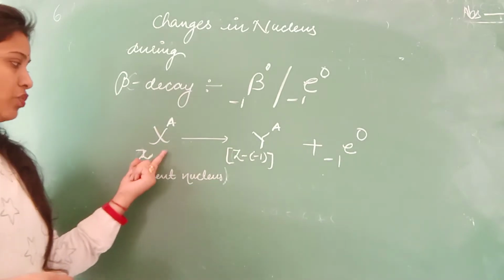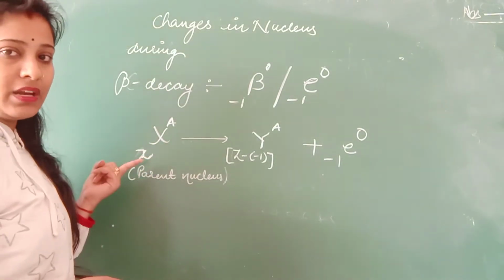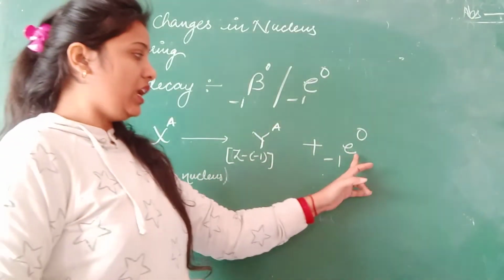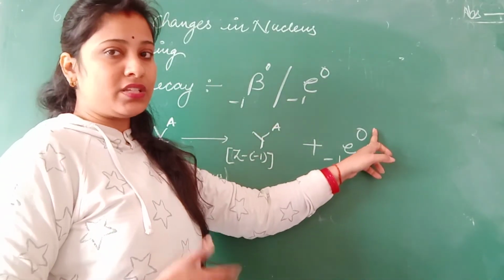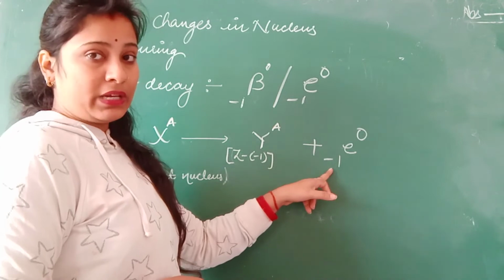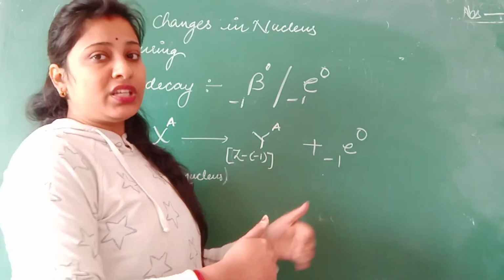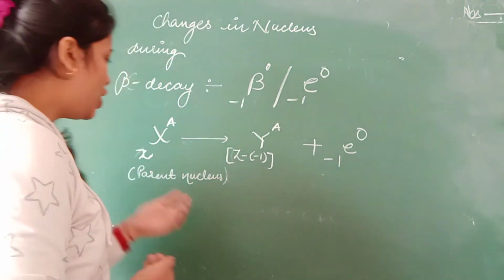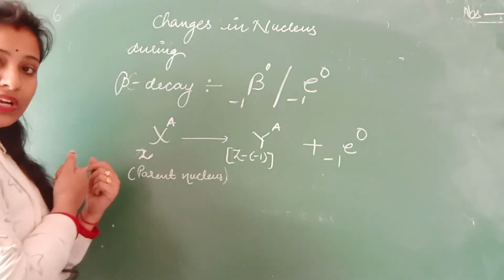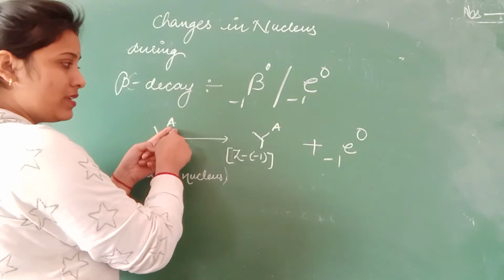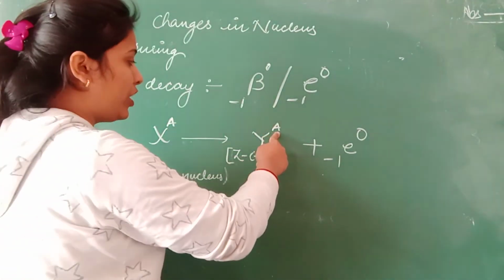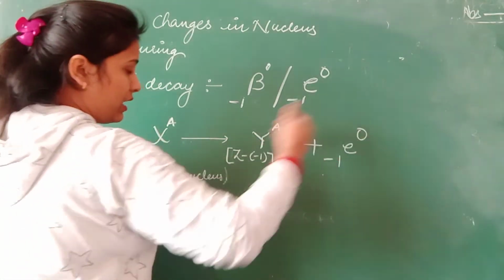So if the parent nucleus is X with atomic number Z and mass number A, and it is emitting e with mass number 0 and atomic number minus 1, that means whatever it emits, we have to subtract from the parent. So what will the daughter nucleus be? A minus 0, therefore the mass number is not changing, so it is not affected by beta emission.